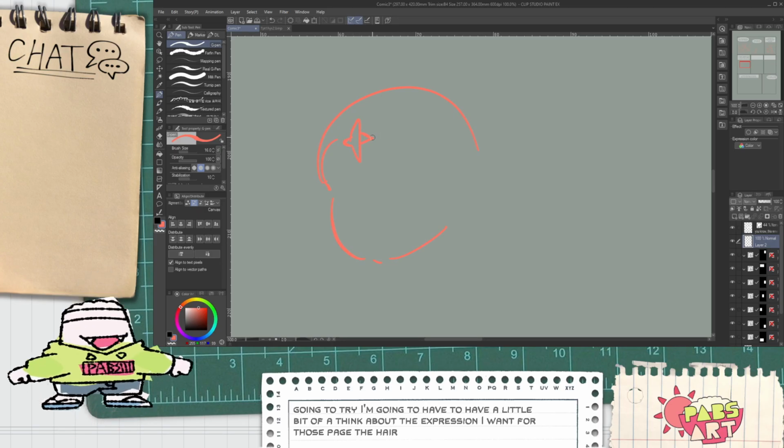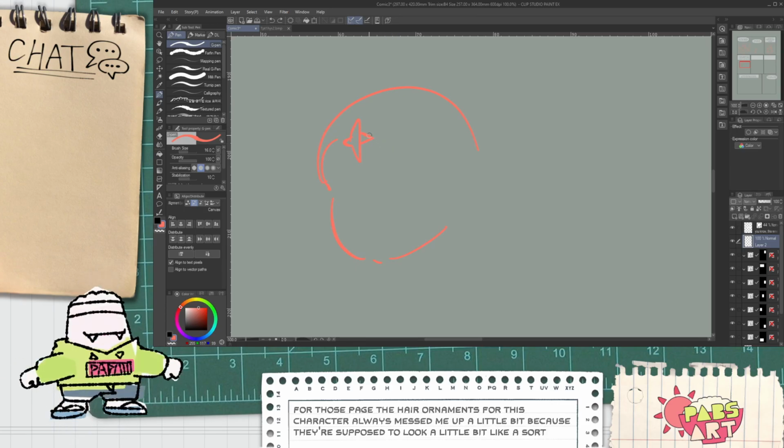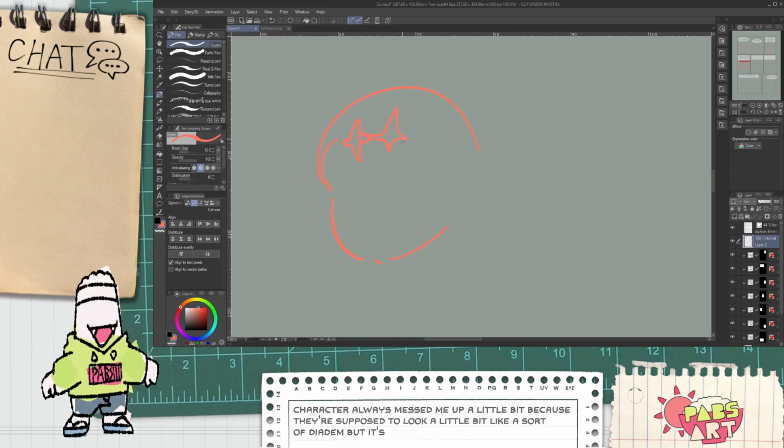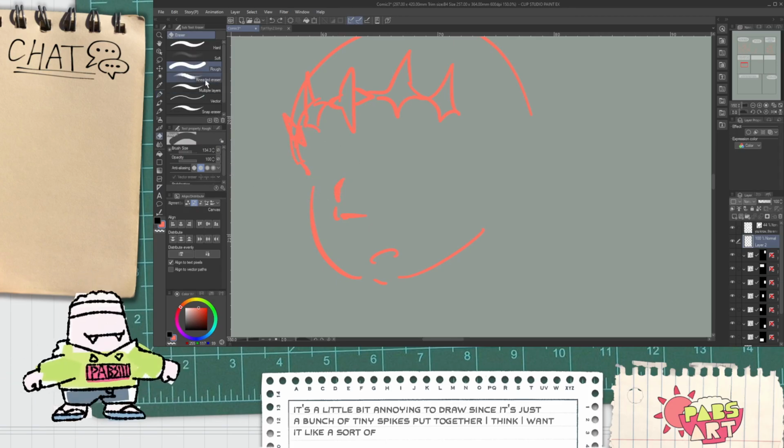The hair ornaments for this character always mess me up a little bit because they're supposed to look a little bit like a sort of diadem, but it's a little bit annoying to draw since it's just a bunch of tiny spikes put together. I think I wanted like a sort of very focused looking expression.